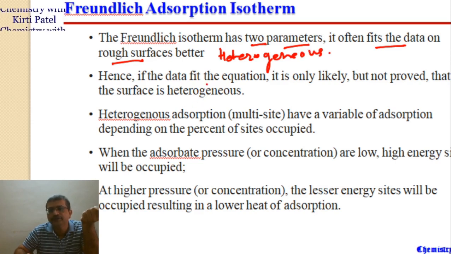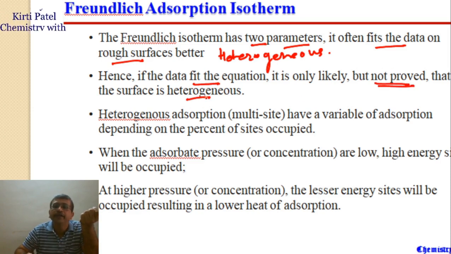So on heterogeneous surfaces, the Freundlich adsorption isotherm fits very well. Normally it is taken into consideration that if the data fits, then the surface is a heterogeneous surface. This is not proved, but it is considered that if the data fits a Freundlich adsorption isotherm, then the surface is heterogeneous.